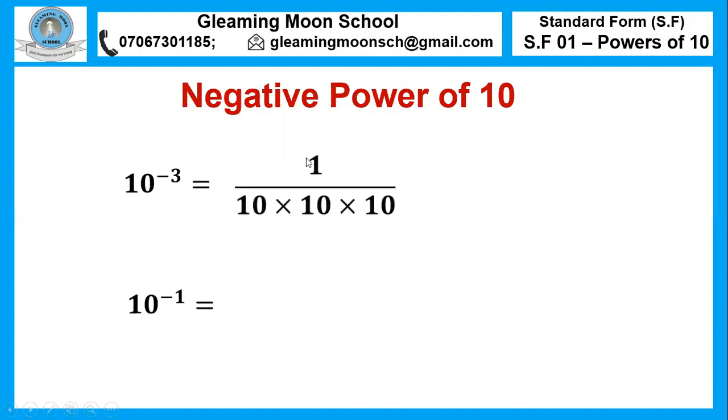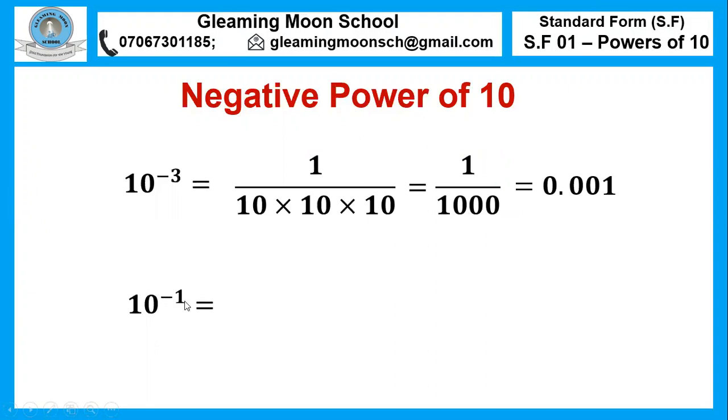Therefore, we will have 1 divided by 10 times 10 times 10, 3 10s here. And that would give us 1 divided by 1000. And if we go by our long division again, you will find that 1 divided by 1000 will be 0.001.